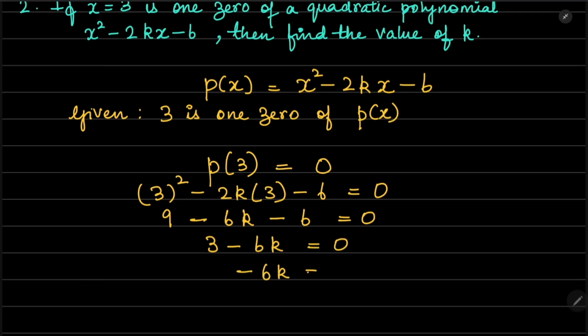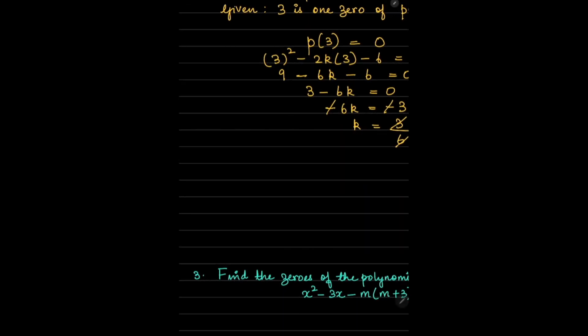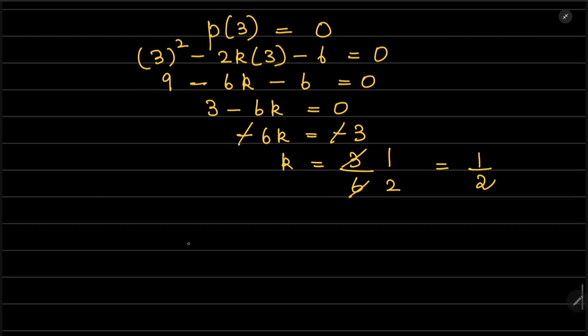Minus 6k equal to minus 3. Minus minus gets cancelled. k is equal to 3 divided by 6. So 3 ones are 3, 3 twos are 6. So k is nothing but 1 by 2. So that's your answer. So you can write, therefore, k equal to 1 by 2.